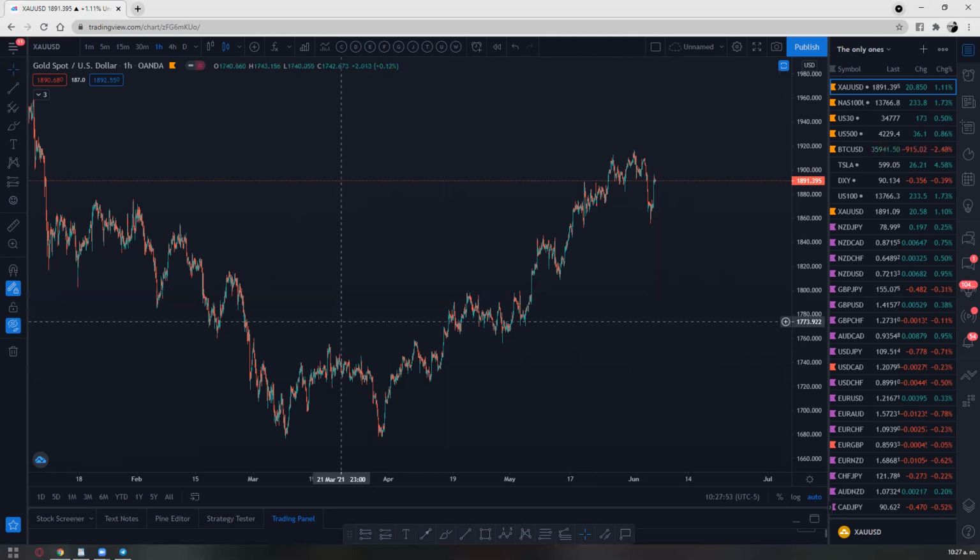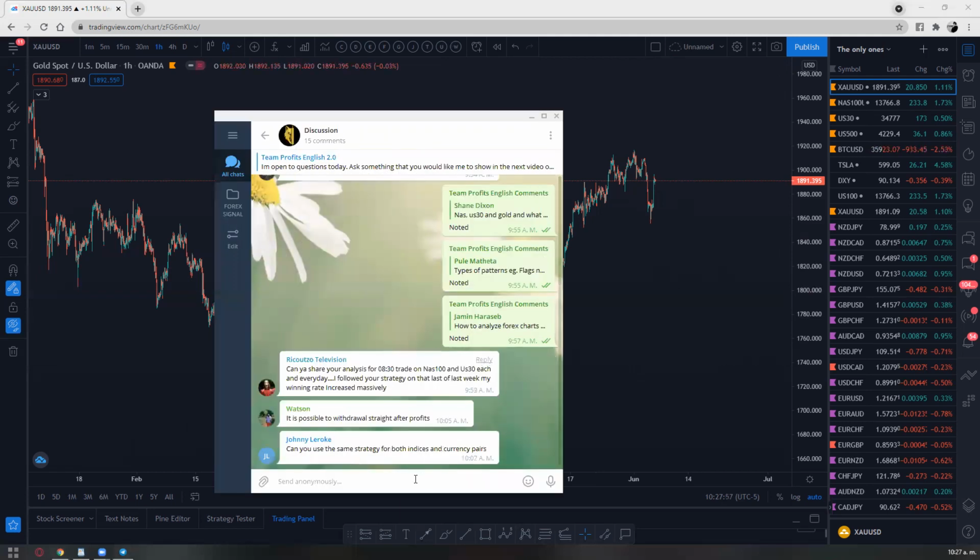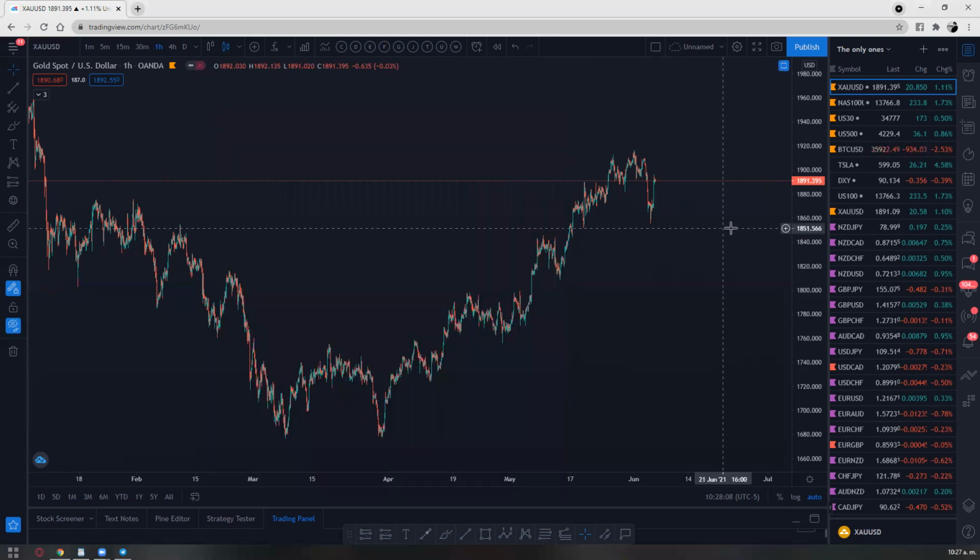This was the last question, actually: can you use the same strategy for both index and currency pairs? The answer to that one right quick is the diamond strategy. No, the diamond strategy is only for index, so it would be for Nasdaq, US 30 or US 500. Okay, the diamond strategy. Why?